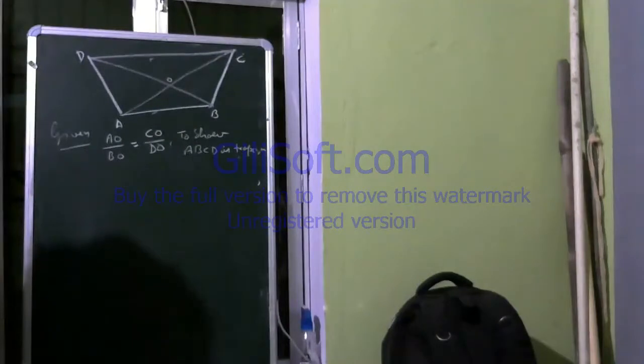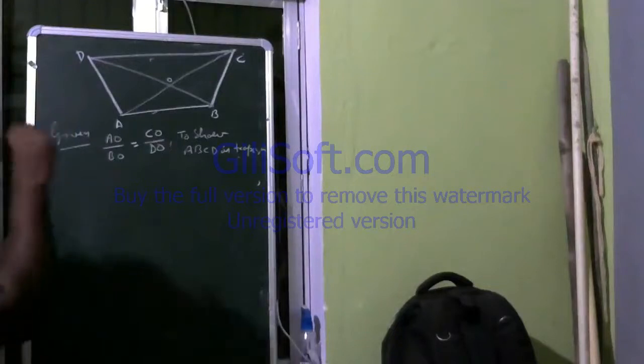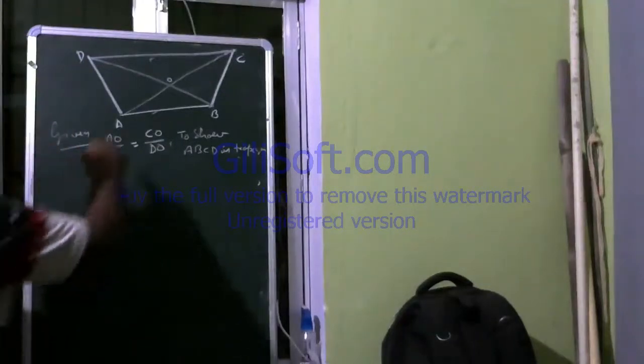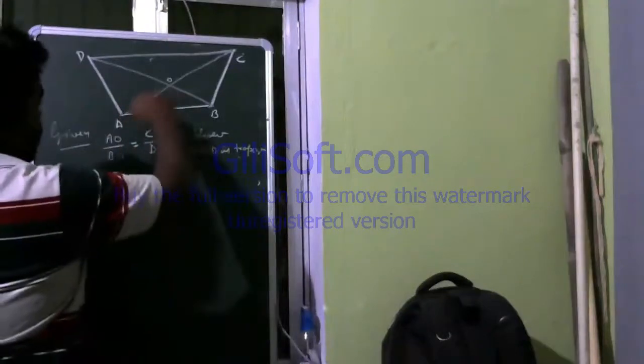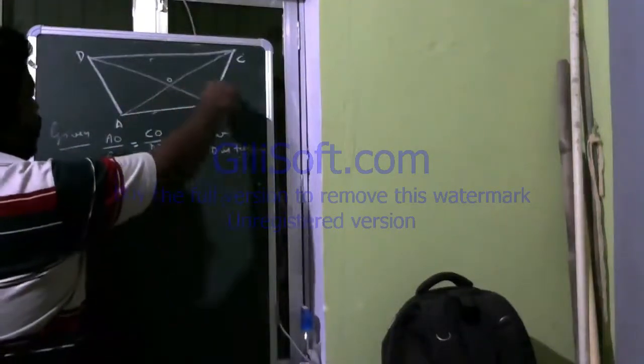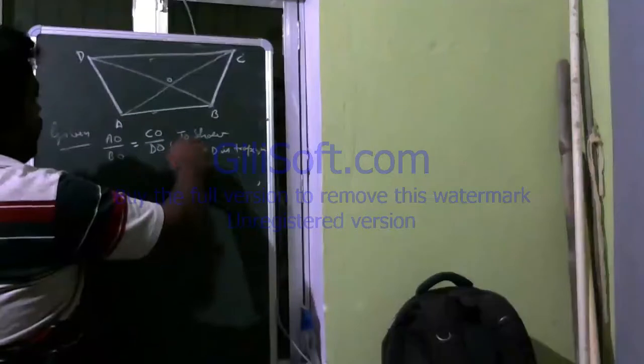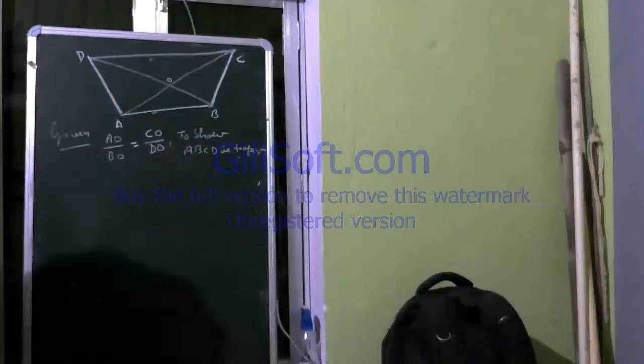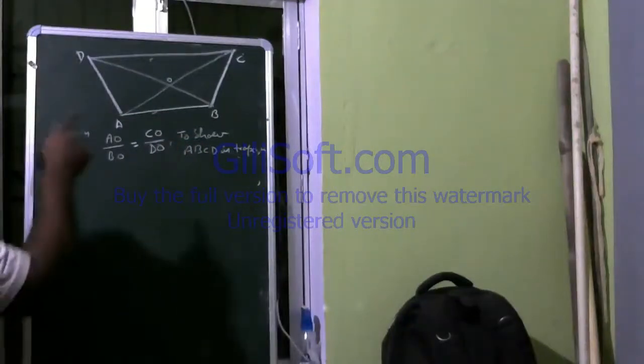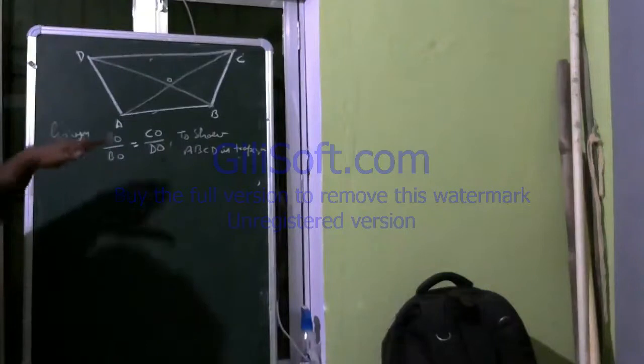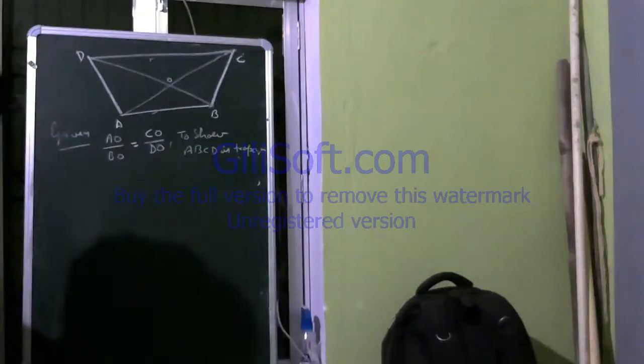But we know that AC and BD are diagonals and it is given AO by BO and CO by OD, so we can't prove AD parallel to BC. So let us try to prove AB parallel to CD.